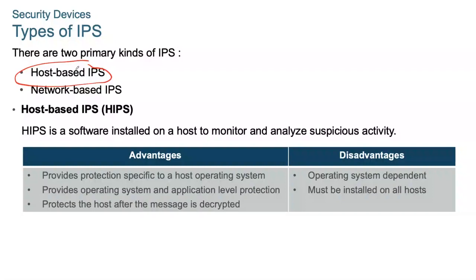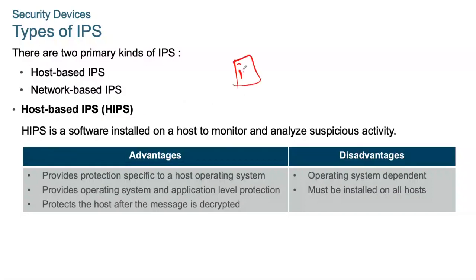It is deployed on the host machines. If it is network-based, it means the network devices, including switches, routers and other security devices. So in host-based, the type of IPS we simply call HIPS sometimes. This is software installed on any of the hosts.